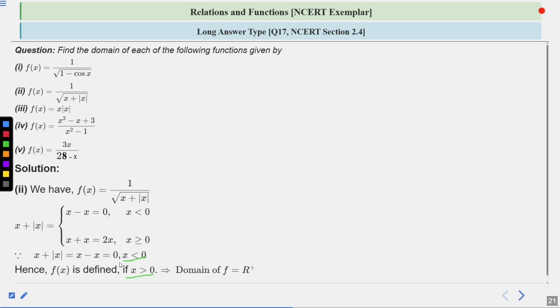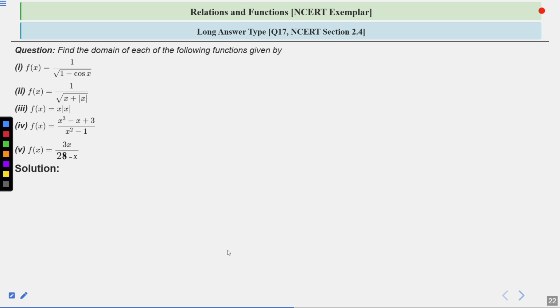So we are excluding all such numbers where the denominator becomes 0. Excluding all negative numbers, we are left with non-negative numbers. Now in non-negative numbers, we have 0. If you plug 0 here, 0 plus 0 is still 0. So we also exclude 0 from the domain set. So the domain is R positive, meaning all positive real numbers. Simple.